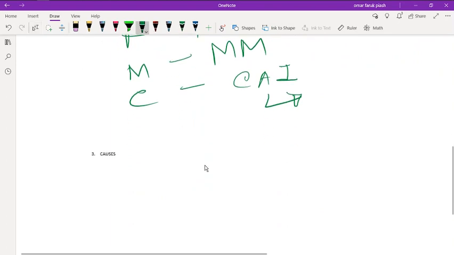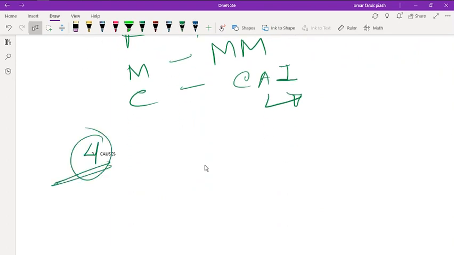Last but not the least, type 4. In type 4 renal tubular acidosis, the causes can be subdivided into two types: decreased aldosterone production and aldosterone resistance.